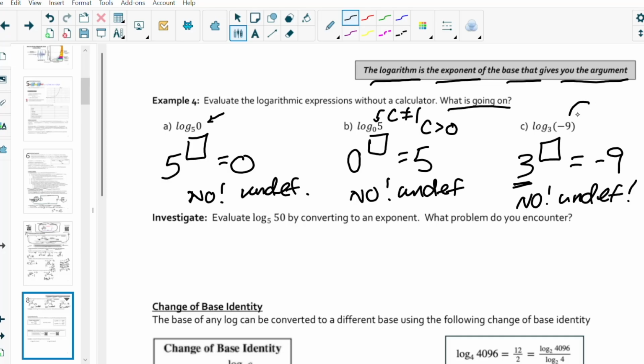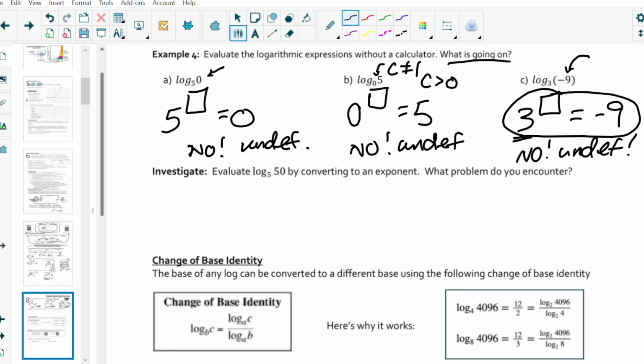This also violates this part here. The domain of logarithmic functions, which we saw in our putting it together page ago, the argument is always restricted to values that are positive. So x is greater than 0. So this cannot happen, and this is the reason why. Those are 3 special cases.